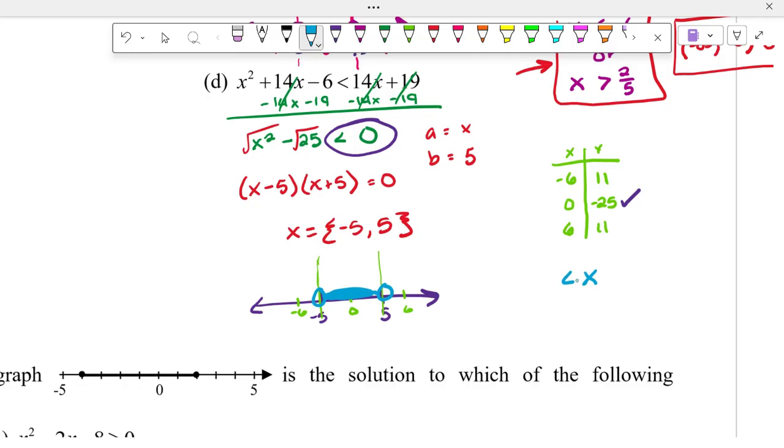So I would say x, and you'd have less than symbols on either side, and then you just write in numerical order. So it would be -5 on the left, and 5 on the right. In interval notation, it would be between -5 and 5, with parentheses because it's not equal to.